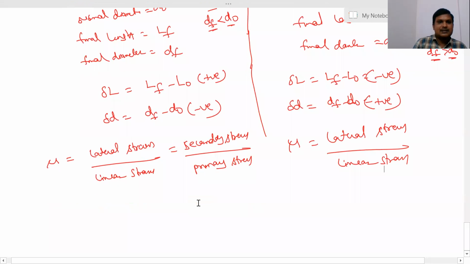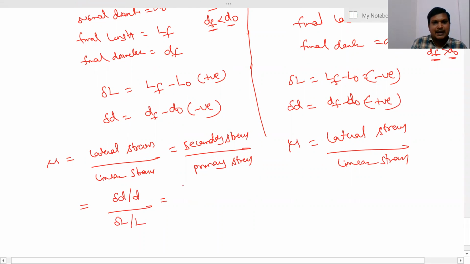Lateral strain is a diametral strain. Sorry, lateral strain is a diametral strain and linear strain is a length strain. In the linear direction there is the length: change in length by original length.